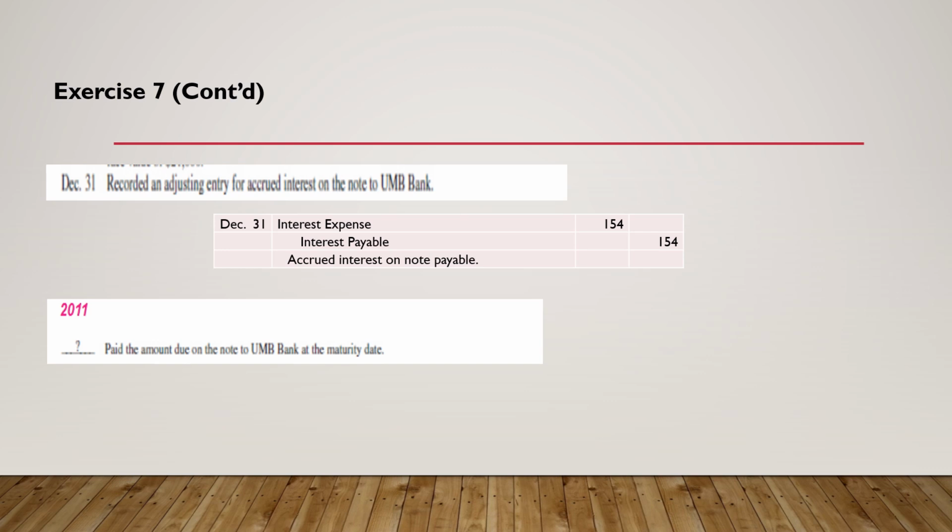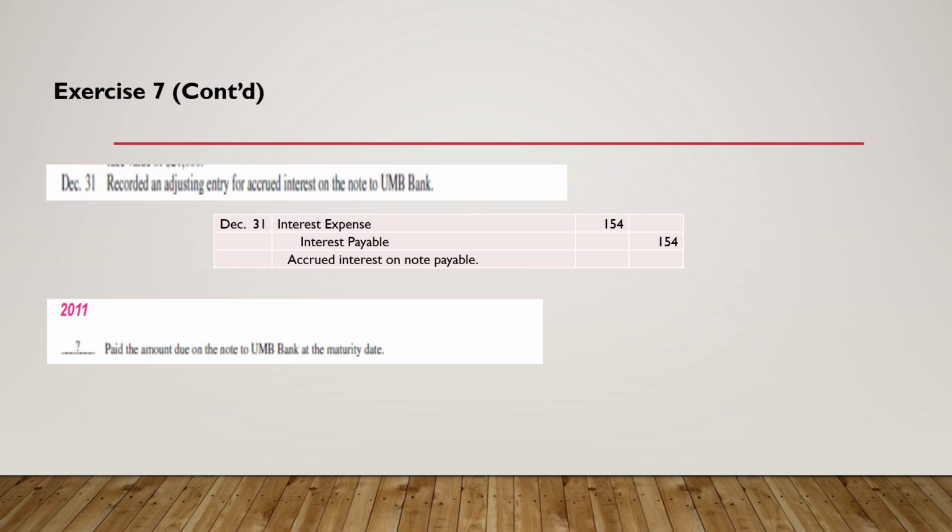So the last 3 days in November plus the 30 days of December makes 33 days. I will remind you again that according to our book, we assume that the month is 30 days. That's why we calculate interest for just 33 days, which gives us 154 as we previously calculated.